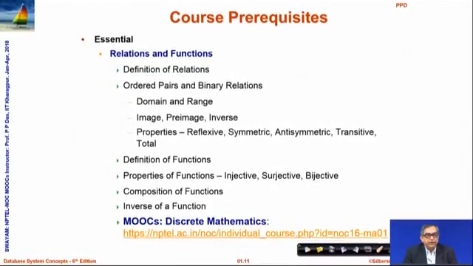You should be familiar with these, otherwise you will find it difficult to follow major concepts in database systems, because the database system, primarily the one that we are going to take you through in this course, is relational in model. So, it is heavily based on relations and functions, and you should understand when specifically a relation becomes a function, and what is meant by functions being injective, surjective, bijective, and what is meant by composition and inverse of functions, and so on.